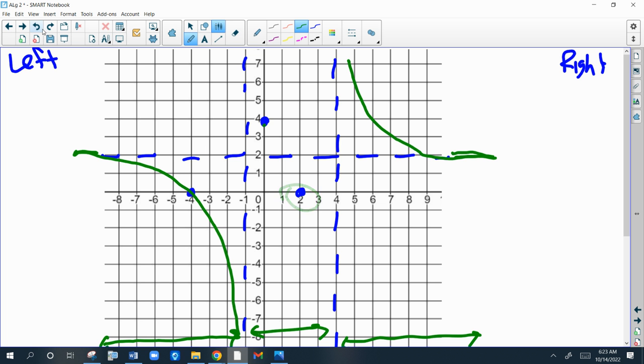Therefore, the graph goes through it, and it can't come back up because there's no other x-intercept. So this side must keep going down, since vertical asymptotes always must go straight up or straight down. And on this side, you can see it has to keep going straight up. It couldn't turn around and go down, because then it would have to go through an x-intercept, and we don't have one there.